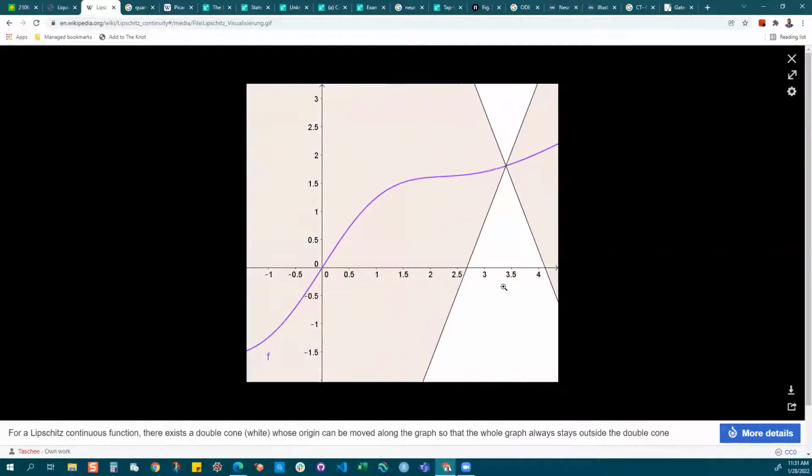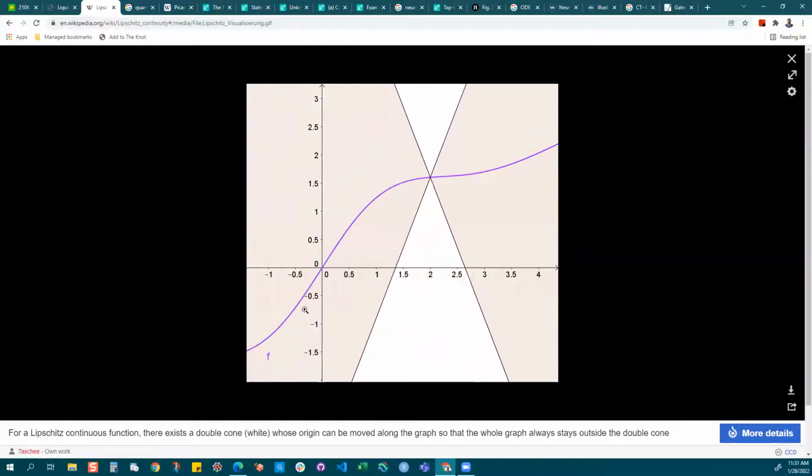And this is how the Lipschitz assumption or function is established. There is a lot more to it. You can learn more about it, but it's a very special case of continuous functions.